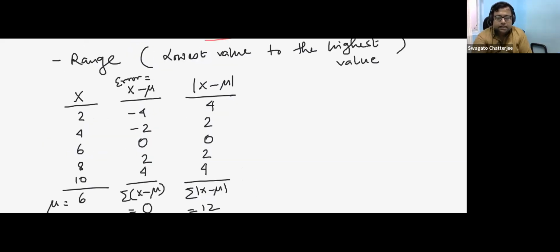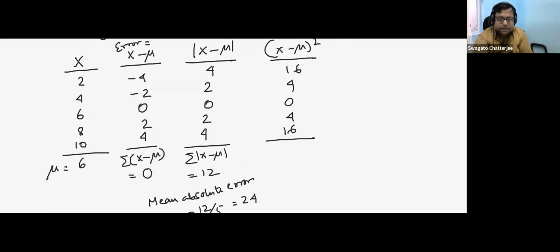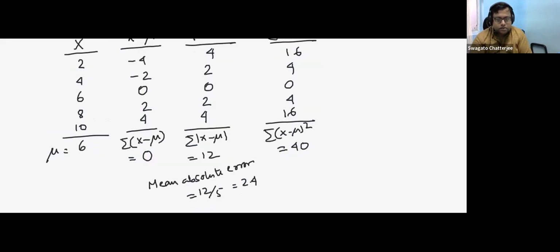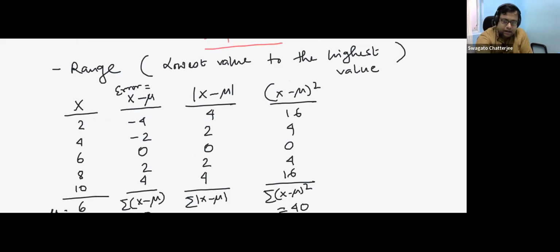Now you suggested, sir, no, square it up. So I'm squaring it up also. The summation of the squares is 40. Then what should I do? I will take a mean because 5 observations are there. So the mean square error is basically 40 divided by 5, which is 8.